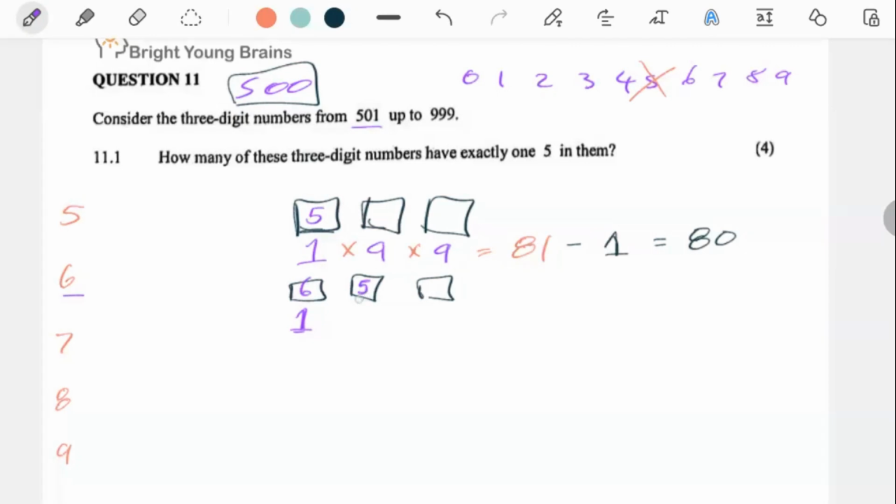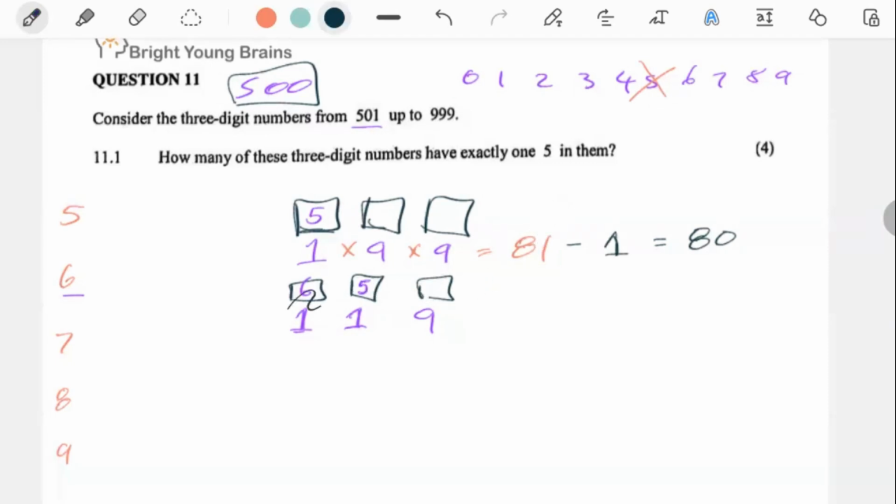And then for all the numbers that have a 5 here, there's only one option for this slot. So all the numbers that have exactly one 5 will have started with the 6, the 5 would have followed, and then since we have a 5 here, we only have 9 options for this slot over here, because in this slot we're not going to consider all 10 options. We're only going to consider 9 of them.